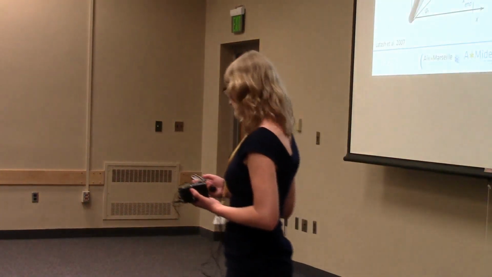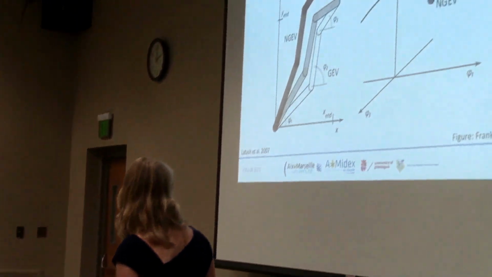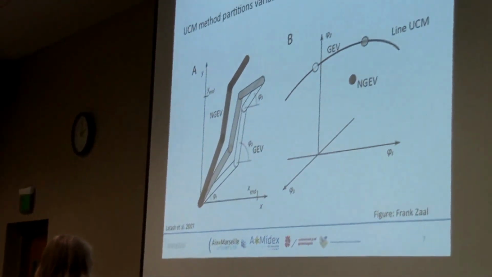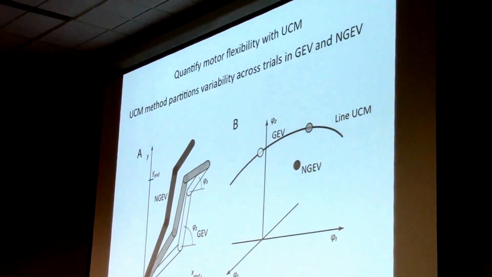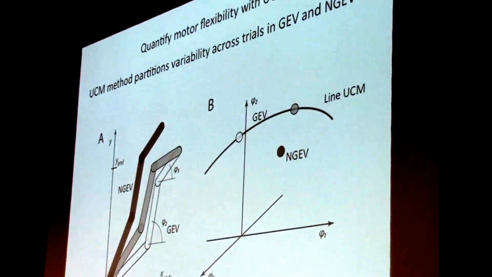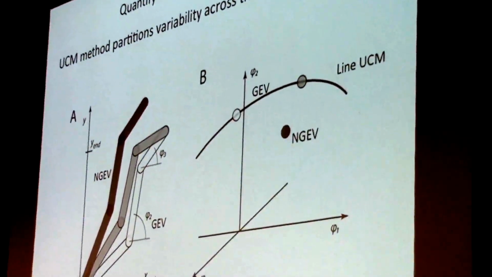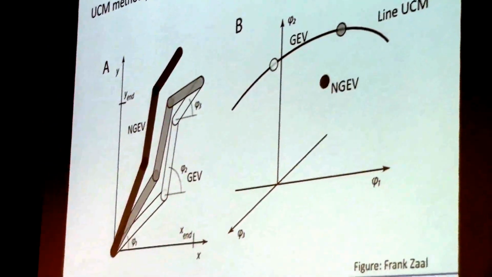Here you see how we distinguish these two types of variability. The two parts on the right, you can see that the end effector is on one spot and that there are different joint angle configurations possible. And that is the goal equivalent variability.